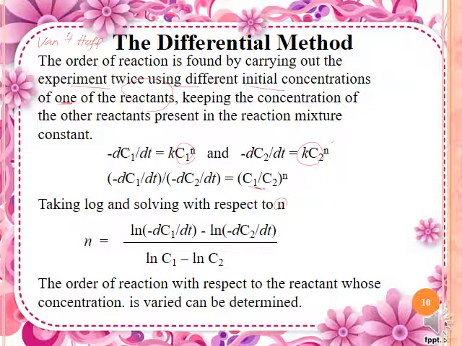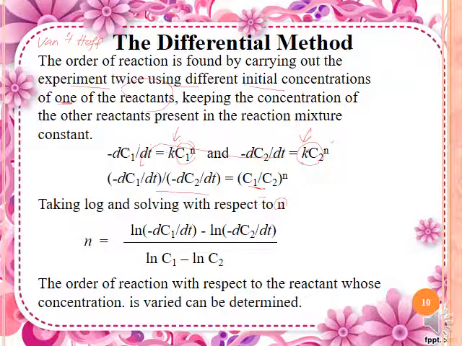So we bring these together, and we get dc1 over dt divided by negative dc2 over dt, and then c1 divided by c2, because the similar unit here is k. So we equalize the denominator k for these two, and we get this expression.